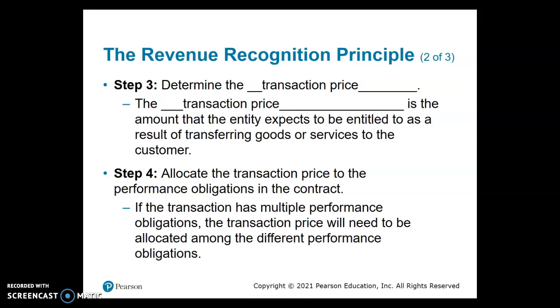A good or service is considered transferred when the customer obtains control of the good or service. If it's a good, when they obtain control of that good, when they have that good in their possession, when a good has been delivered, for example. The amount of revenue recognized is the amount allocated to the satisfied performance obligation.